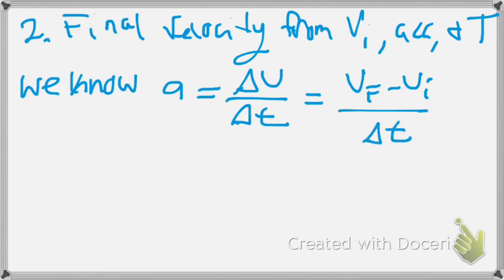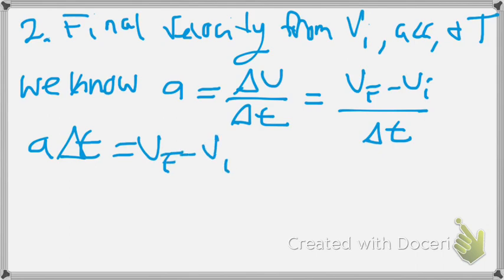Okay. So really, all we're going to do for this one, we're not actually going to substitute any other equations in. We are just going to manipulate this to get final velocity by itself. So if we multiply both sides by change in time, then we get the equation acceleration times change in time is equal to velocity final minus velocity initial.